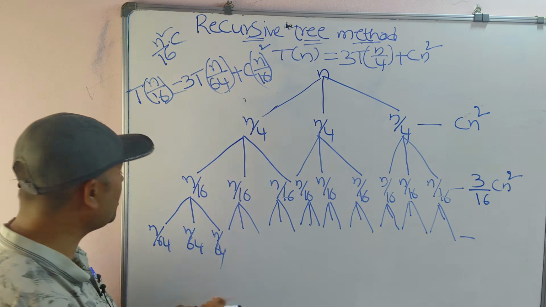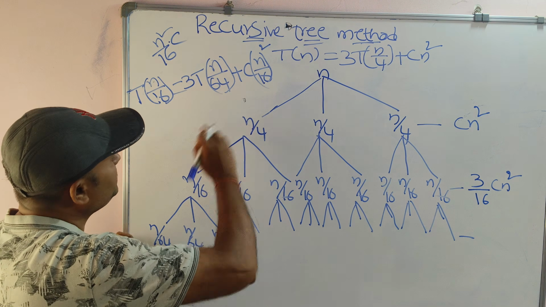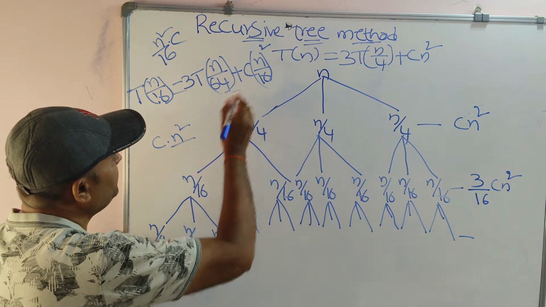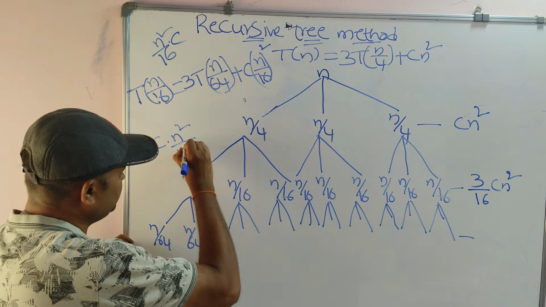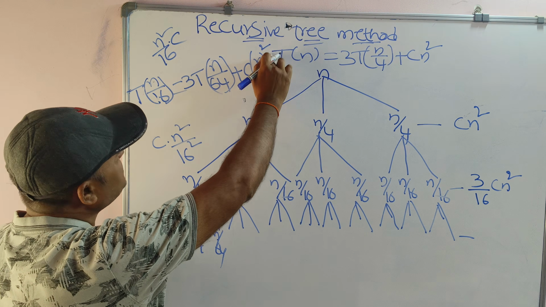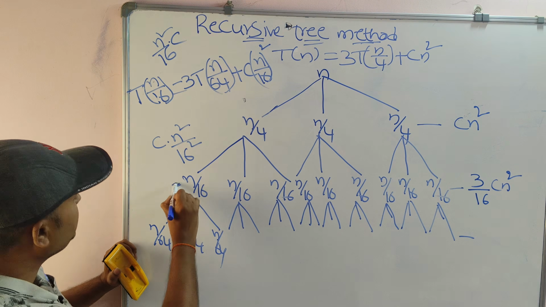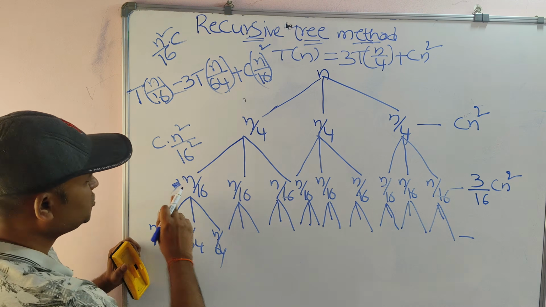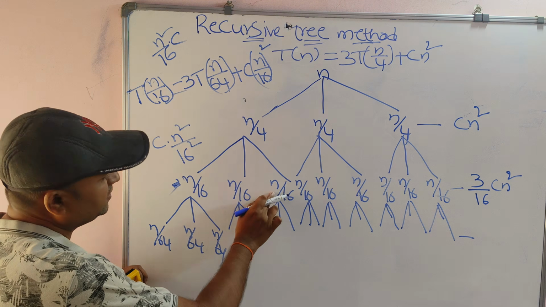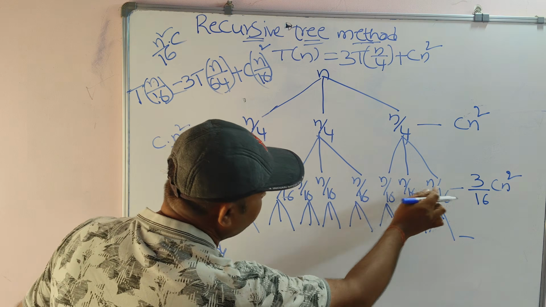Next, let us focus on merging. For this n/16 part, for merging, we require c into n²/16² operations, since (n/16)² means n² by 16². So this is only for one n/16 part. Totally how many parts are there? Here we have 3 parts, likewise here 3 parts, and here 3 parts.